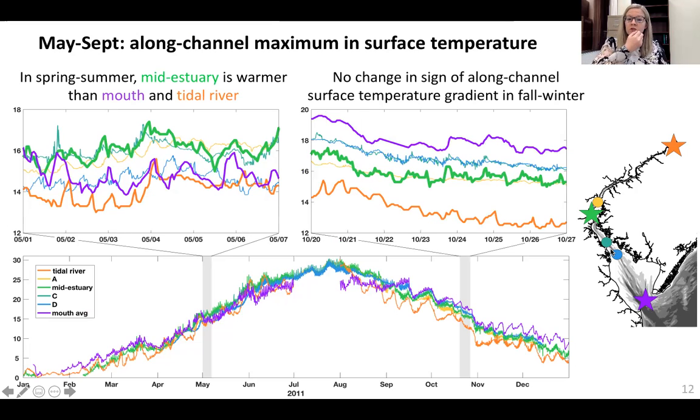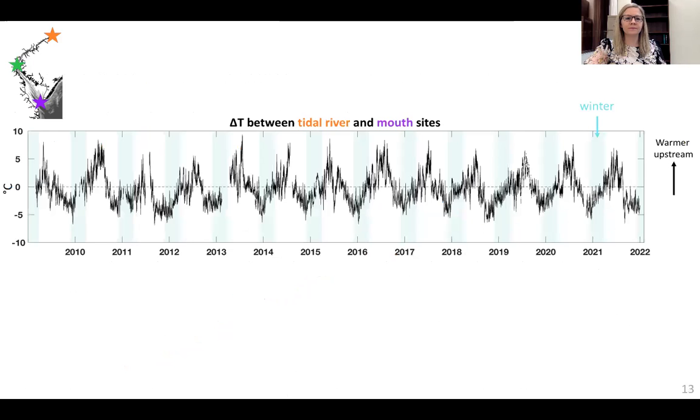So in that case, there's no change in the sign of the along channel surface temperature gradient. So there's some seasonality to that mid-estuary peak in surface temperature.